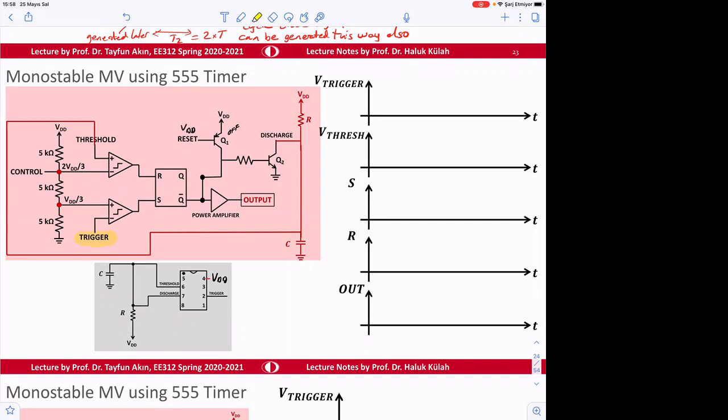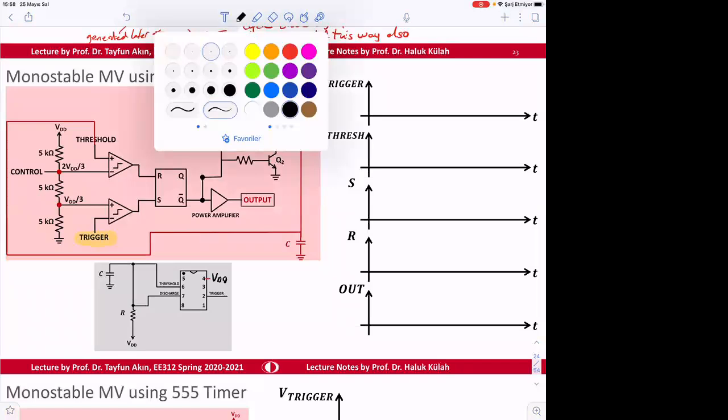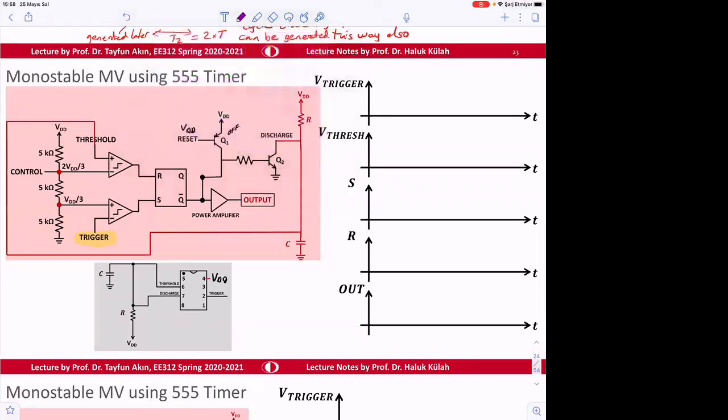So the trigger one is going to be the trigger input for the monostable multivibrator. So the operation is going to be like this. Let's start analyzing. Here, the trigger signal is going to be initially high.